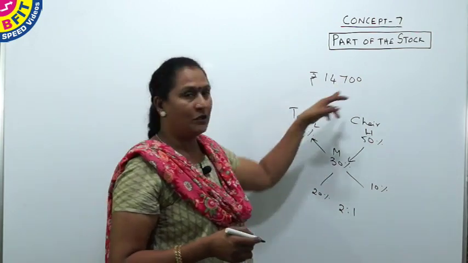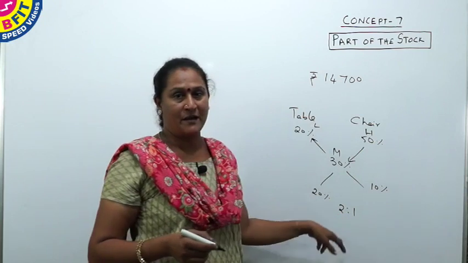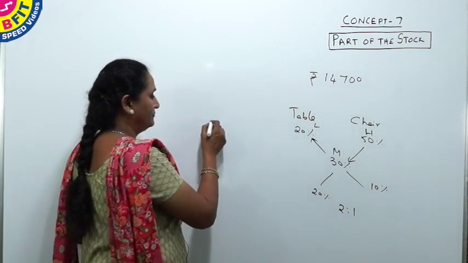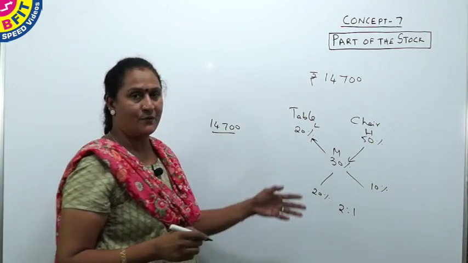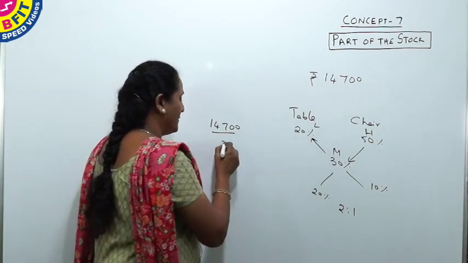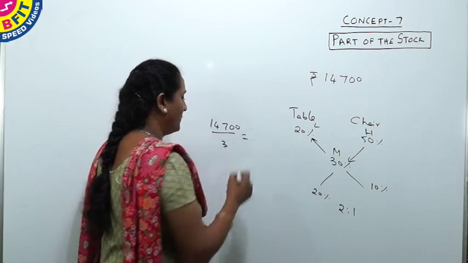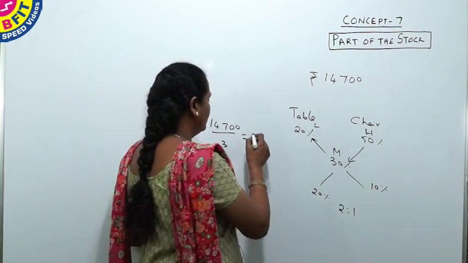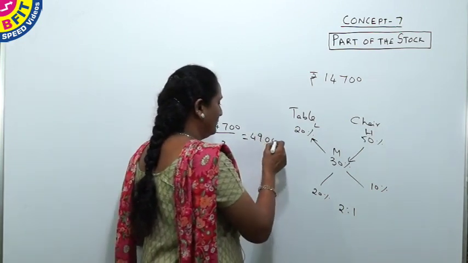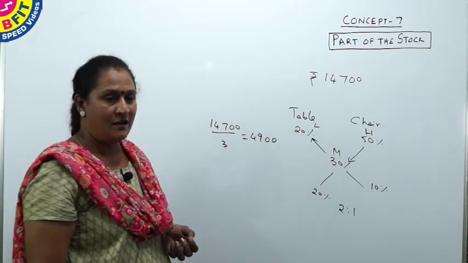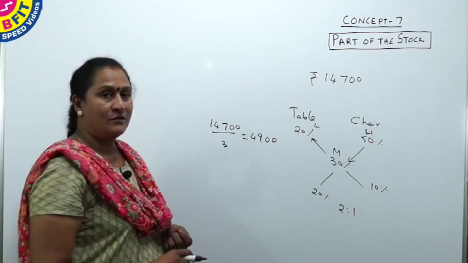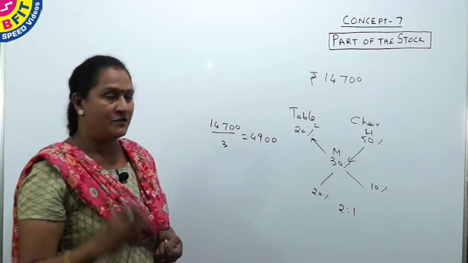Now we can divide the total cost by 3 parts. So you have 2:1. So 2 plus 1, 3 parts. So what is value of one part? So we get value of one part is 4,900. And what is the question here? So we need to find cost price of the chair.